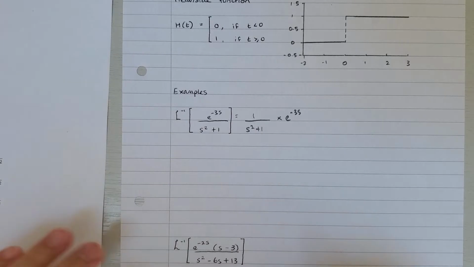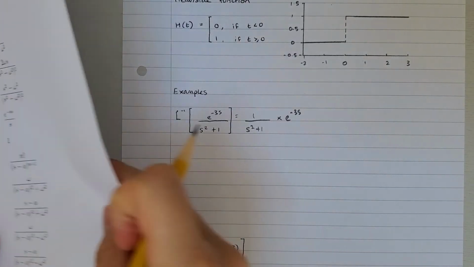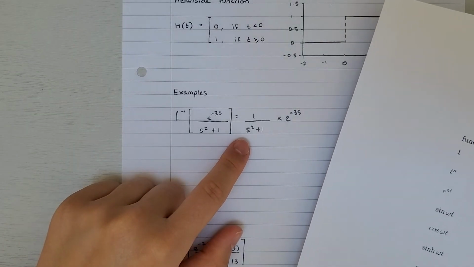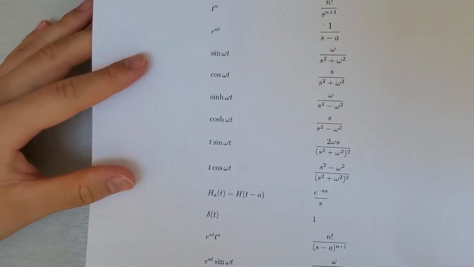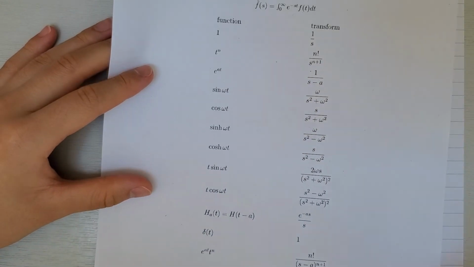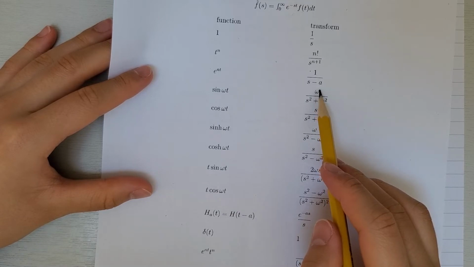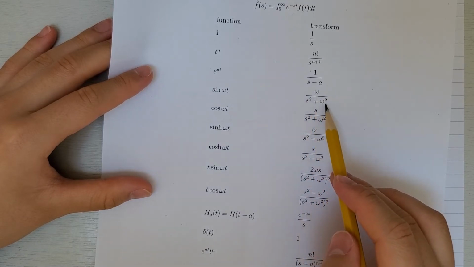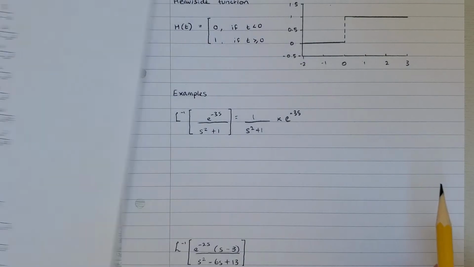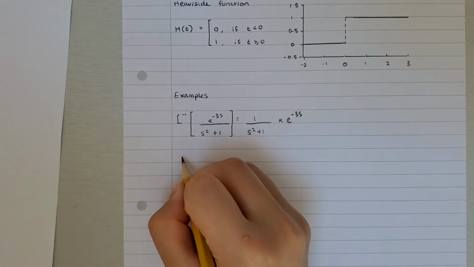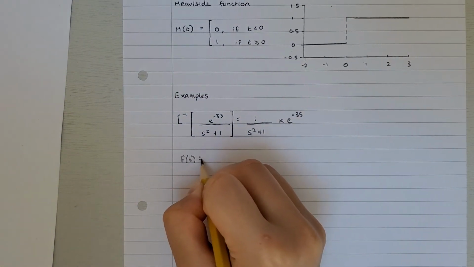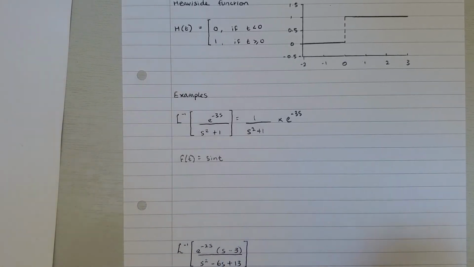If we look on our table, we're looking for 1 over s squared plus 1. We can see that that fits sine, where we have 1 over s squared plus 1, so it would be sine t. So the function of t is sine t.